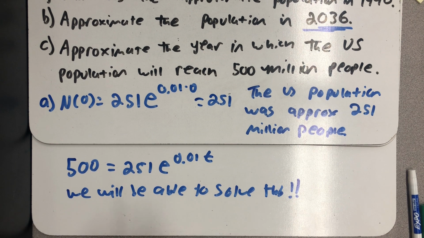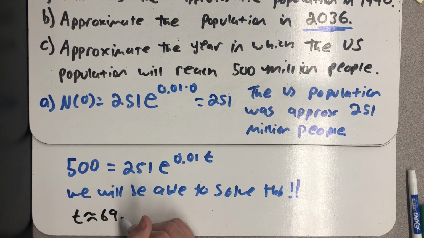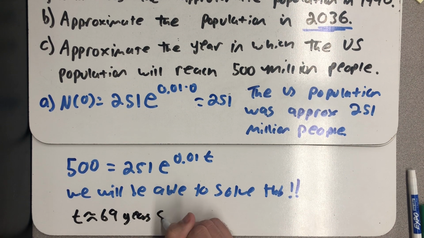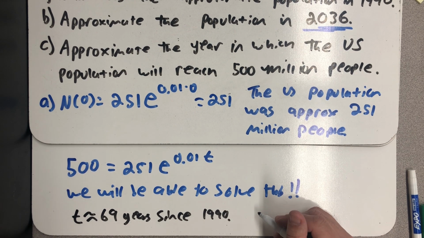But we need to remember that that was 69 years since 1990. All right, well, 1990 plus 69 years is 2059.